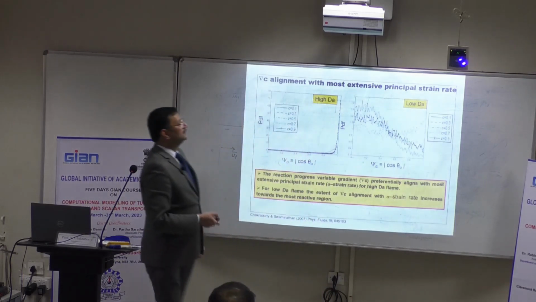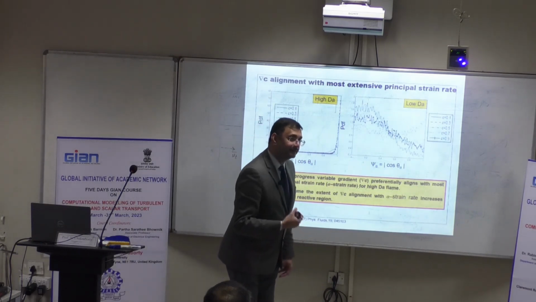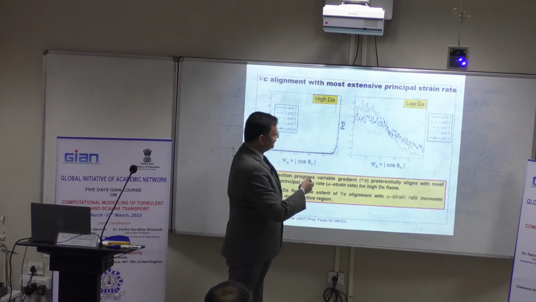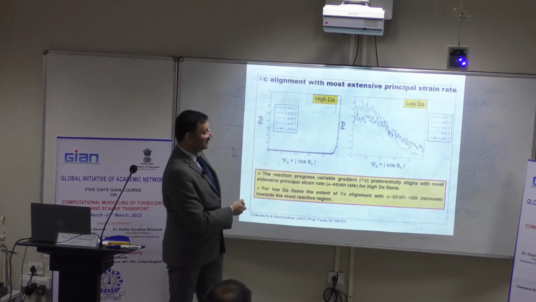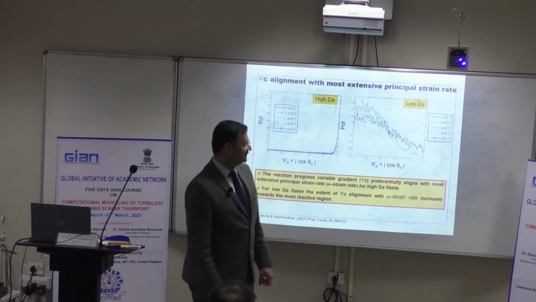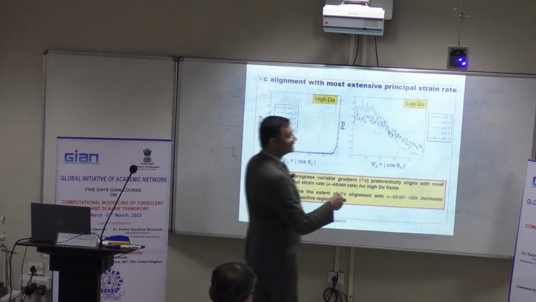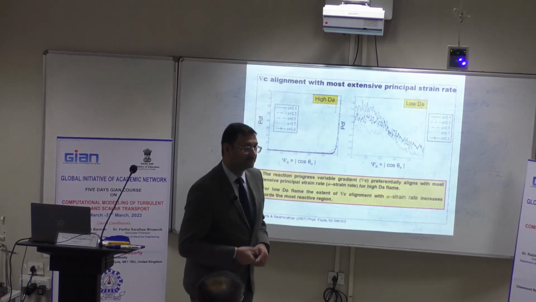If you look carefully towards the unburned gas side when chemical reactions start, the alignment is predominantly with 90 degrees. That means the peak is at cos theta alpha 0. As you come towards the reaction zone where the heat release effects are strong, it starts to become positive.